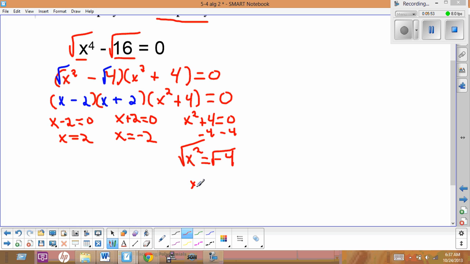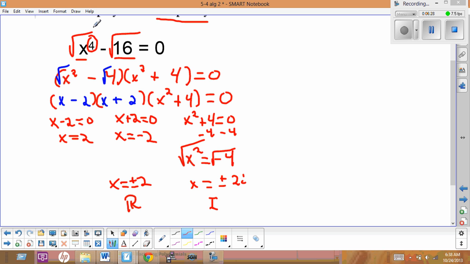So we get x is equal to plus or minus the square root of negative 4, and that's an imaginary number: 2i. So we have two real solutions, positive 2 and negative 2, plus or minus 2, and those are our real solutions. Then we have two imaginary solutions, plus or minus 2i. Notice how the number of solutions relates to our degree.